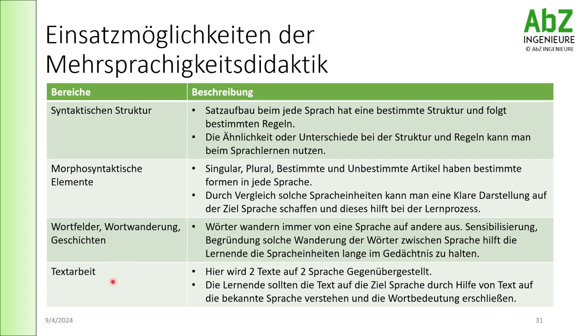Then you have Textarbeit. Here it is comparison of two texts in two different languages. On the left you have an English text, on the right you have a German text. The students read both of them and they compare the text and they will find out the meaning of the new words in the target language using the text in English.